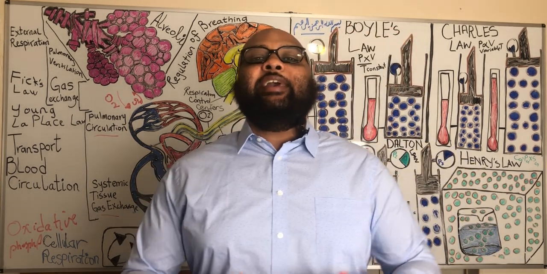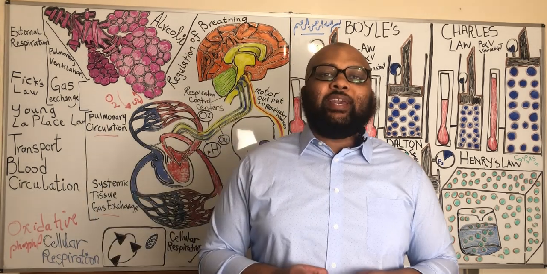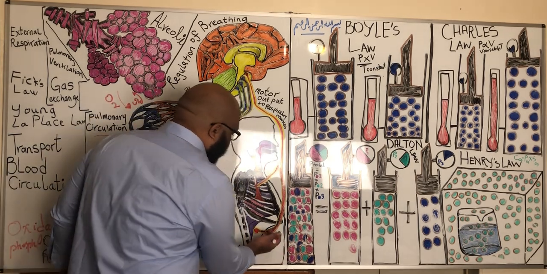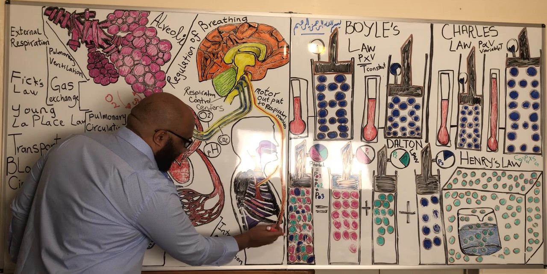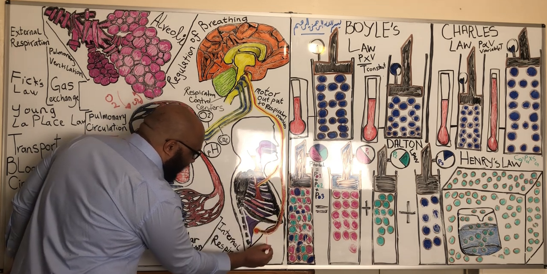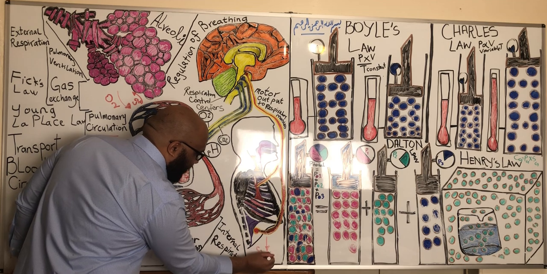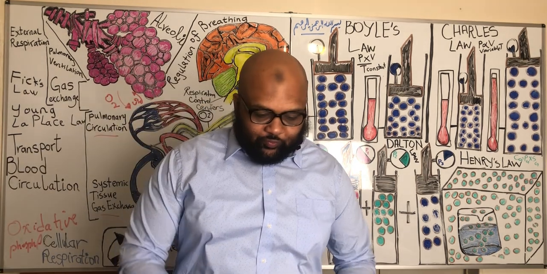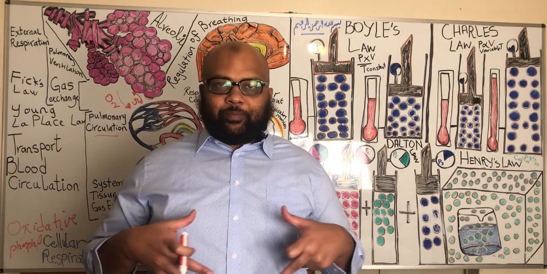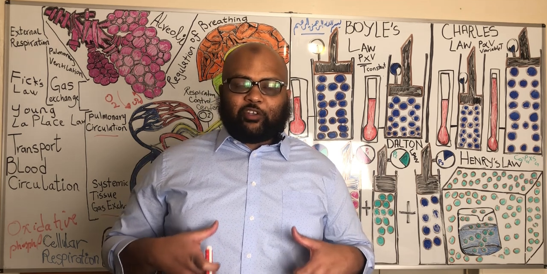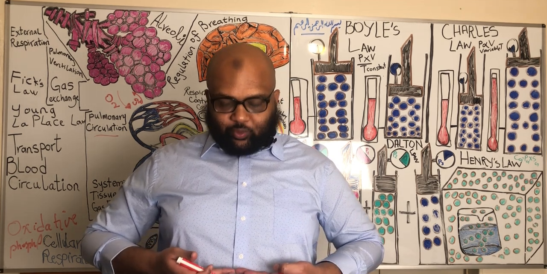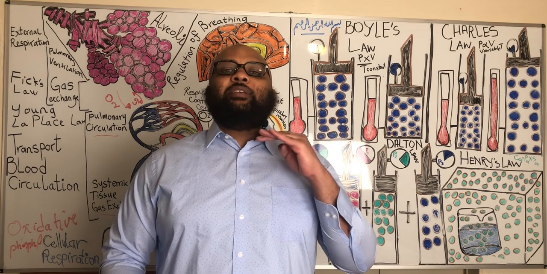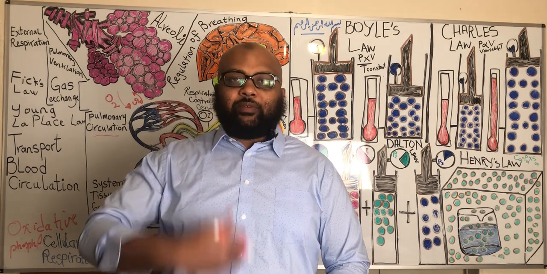When we inspire oxygen, the diaphragm would contract, meaning it would move down. So when the diaphragm has moved down, what happens to the volume of my respiratory system? If the diaphragm was up here, but now it went down, what happens to the volume? The volume has increased longitudinally.